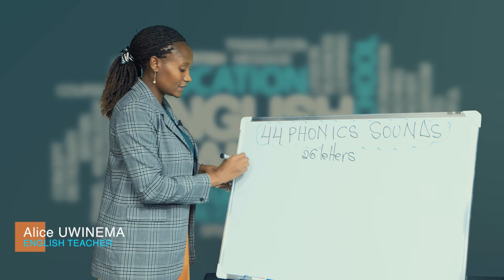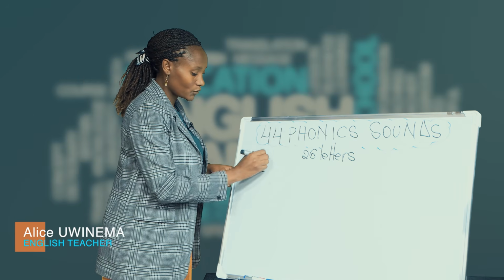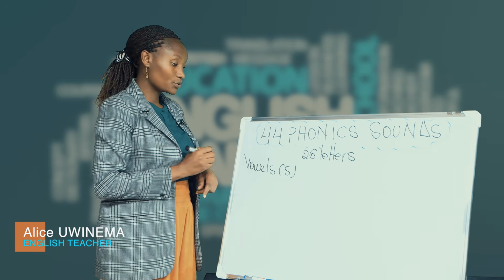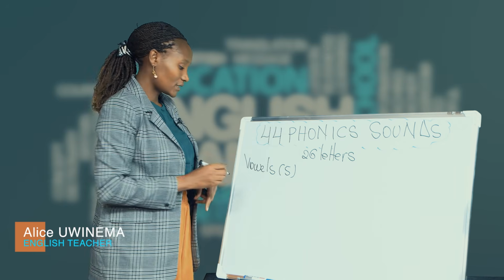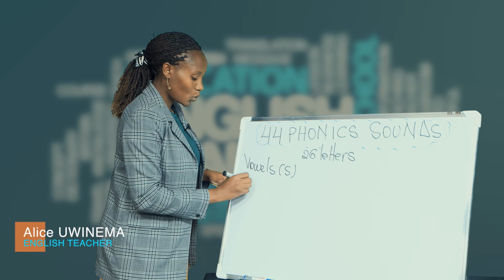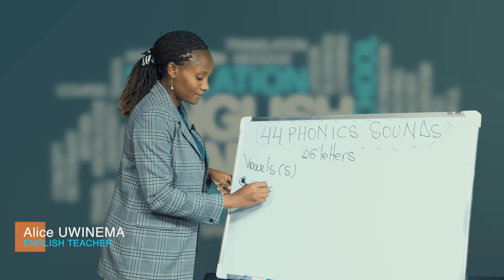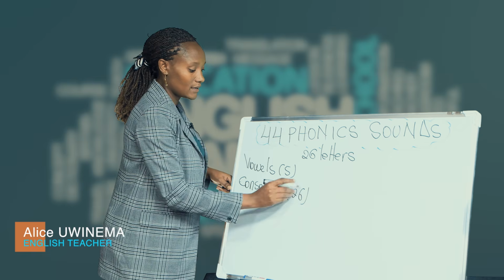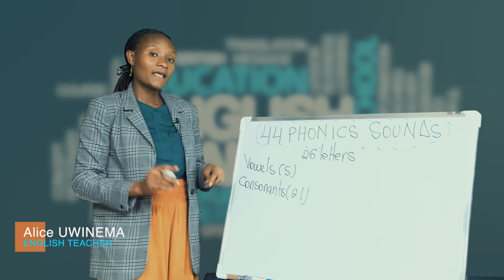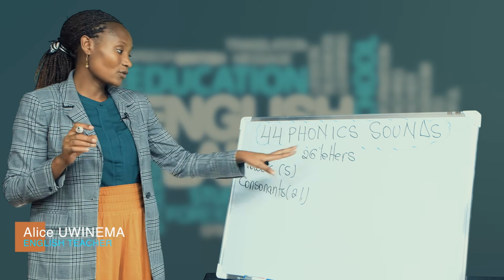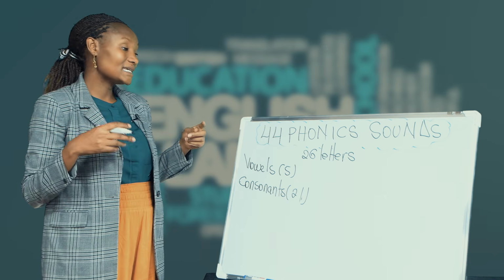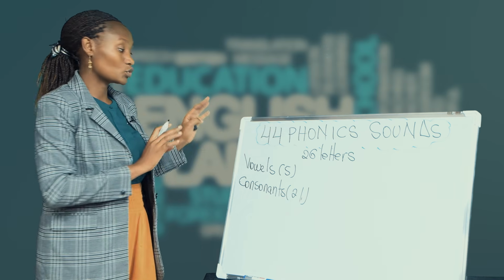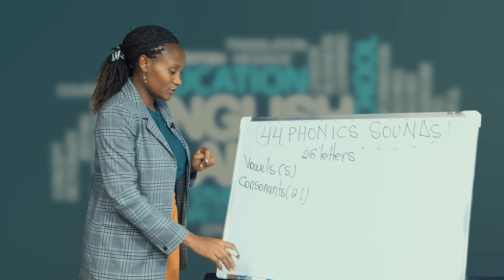Group number one is the vowels, which are 5, and group number 2 is the consonants, which are 21. This totals up to 26 letters. Each of the letters of English has its name or how it sounds, and that is what we are going to mainly focus on in this video.